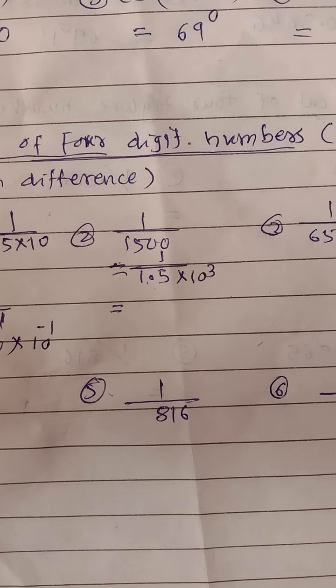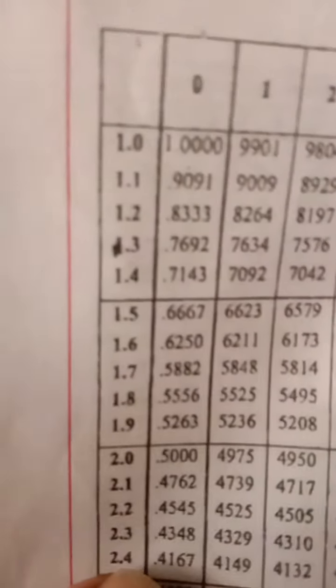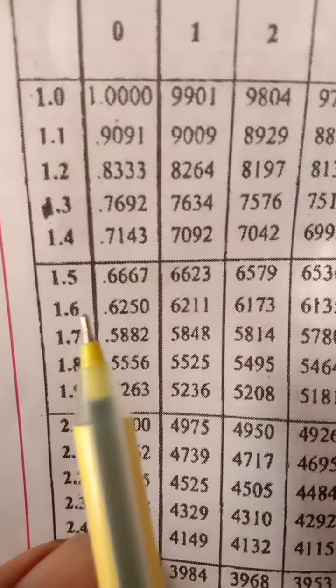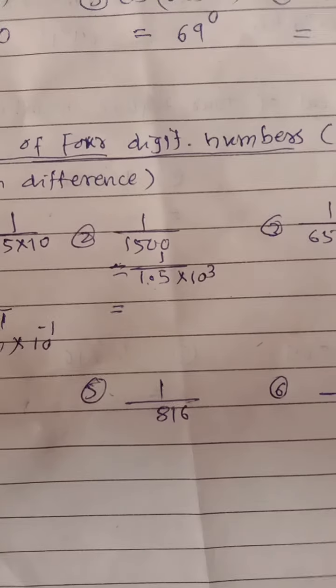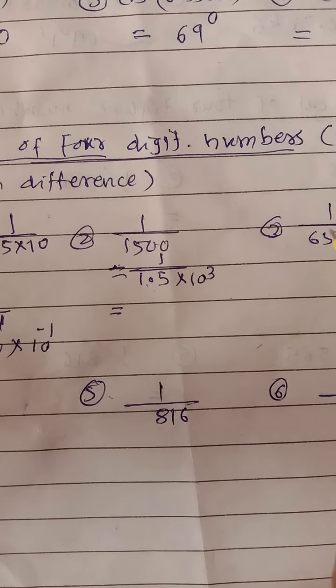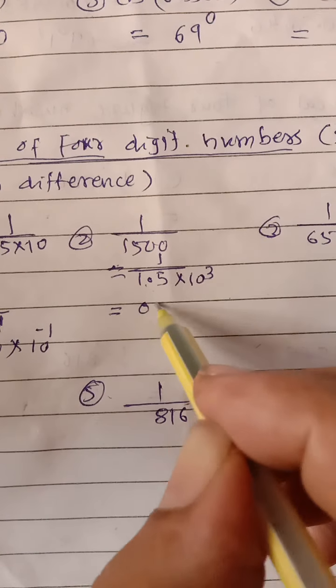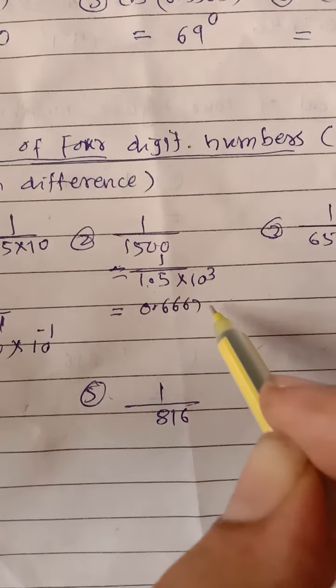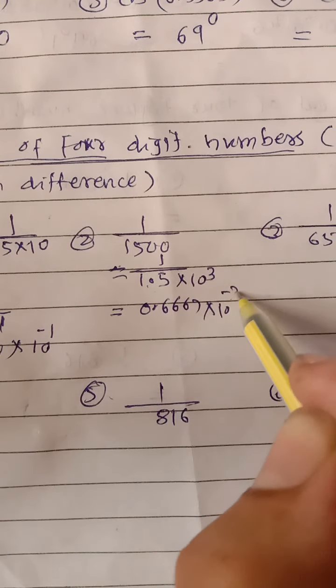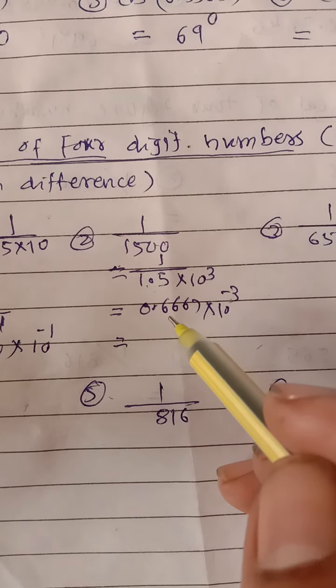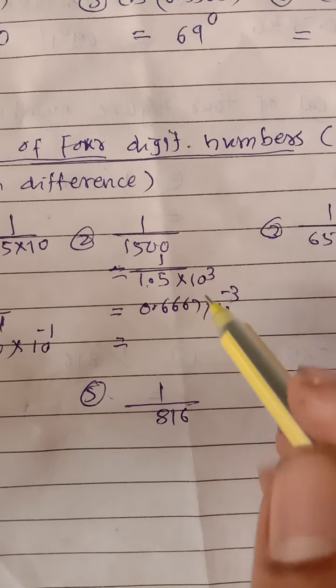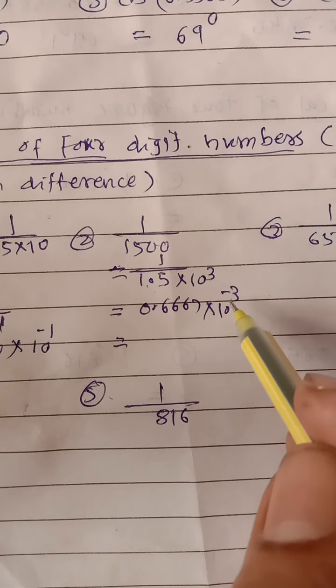For 1.5, the reciprocal is 0.6667, into 10 raised to -3.